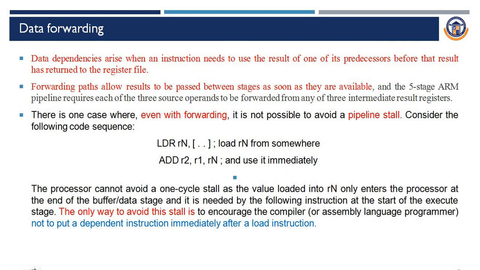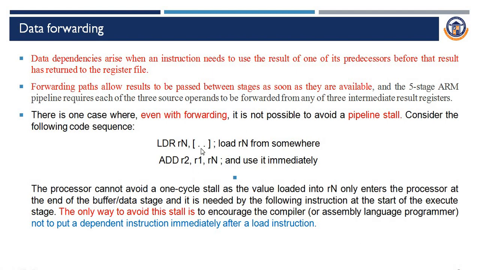What is data forwarding in the 5-stage pipelining? Data dependencies arise when an instruction needs to use the result of one of its predecessors. For example, data moves stage by stage if you use LDR and ADD instructions. Here you have 2 more registers. Load Rn from somewhere, and immediately you use this Rn with some other register, and finally you store the result of the addition in the R2 register.